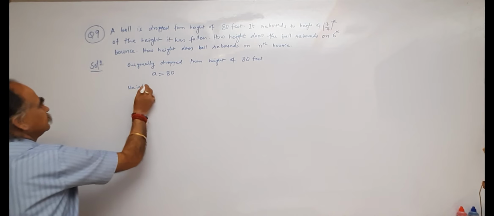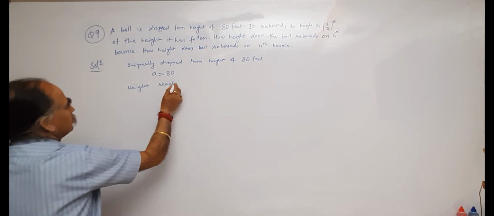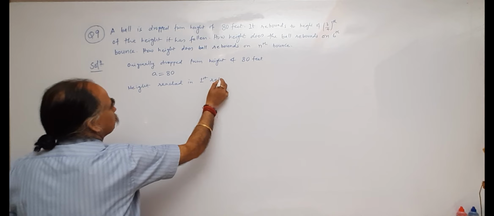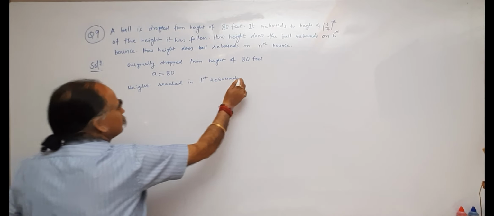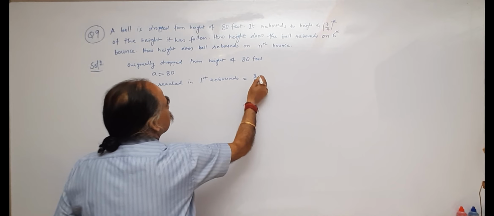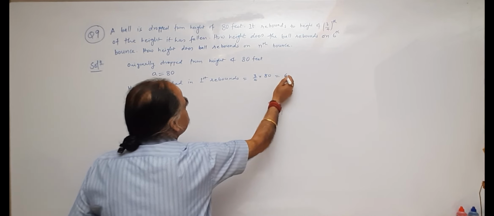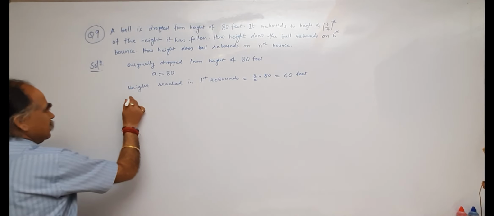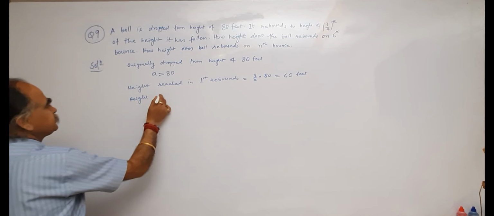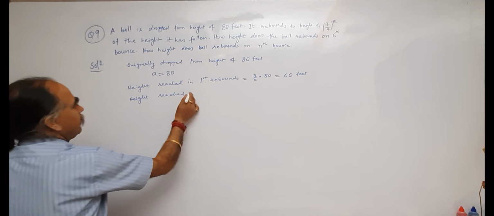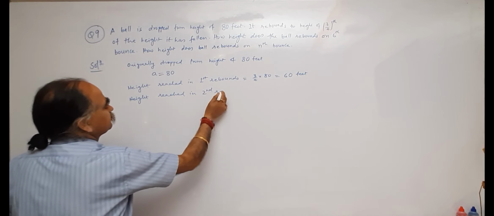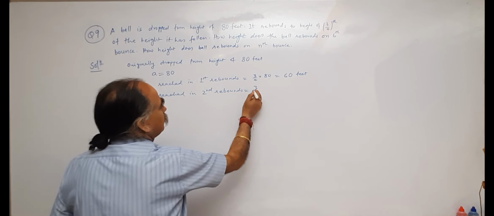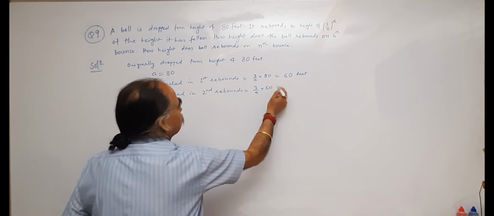Height reached in first rebound is equal to 3/4 into 80 will give you 60 feet. Height reached in second rebound is equal to 3/4 of 60 feet will give you what? 45.